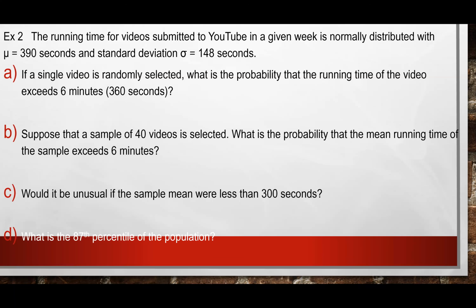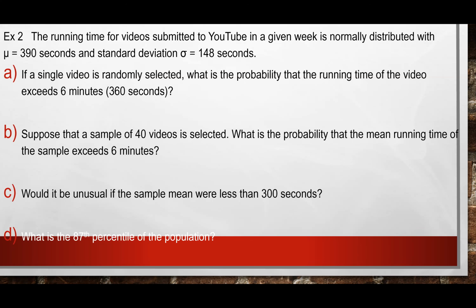If a single video is randomly selected, what is the probability that the running time of the video exceeds 6 minutes? Again, this is the other thing you have to pay attention to: your data they give you in seconds, and now they give you minutes. Make sure you convert the minutes to seconds, right?